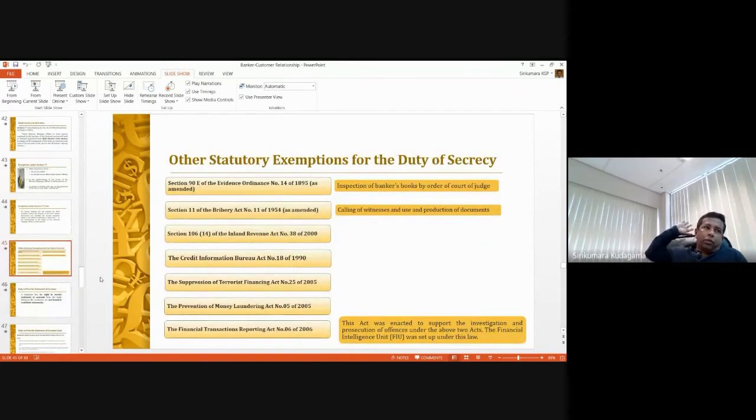Now, you will see that last week what I did was very often I took a concept in English law, English common law, which forms Sri Lanka's common law also, and compared that with certain statute provisions and modern law provisions. Now, here, banker's secrecy. What do you think?